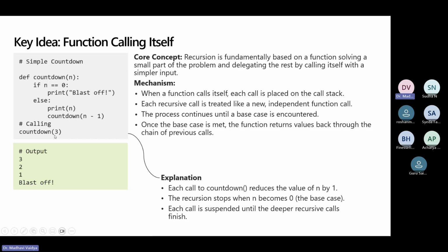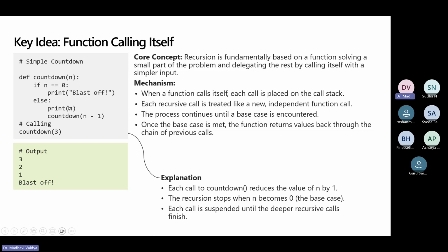In the calling, it gets the value 3, which is substituted here. Is 3 equal to 0? No, blast off won't happen. It would come to the else part: 3, then 2, then 1, and whenever the value 0 comes, it will print blast off and not the value 0.